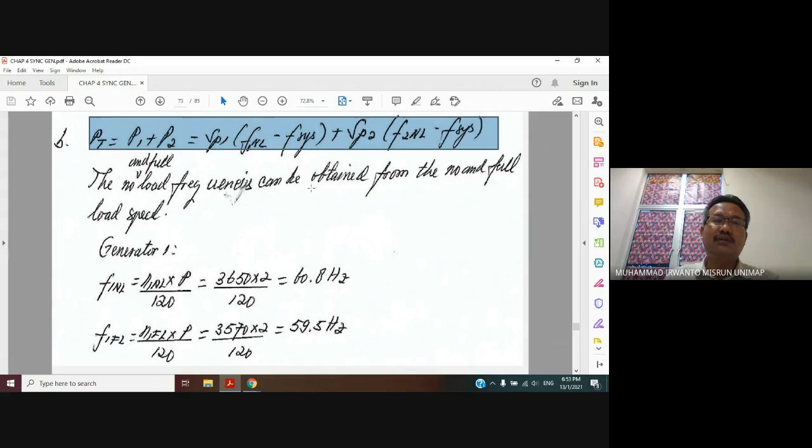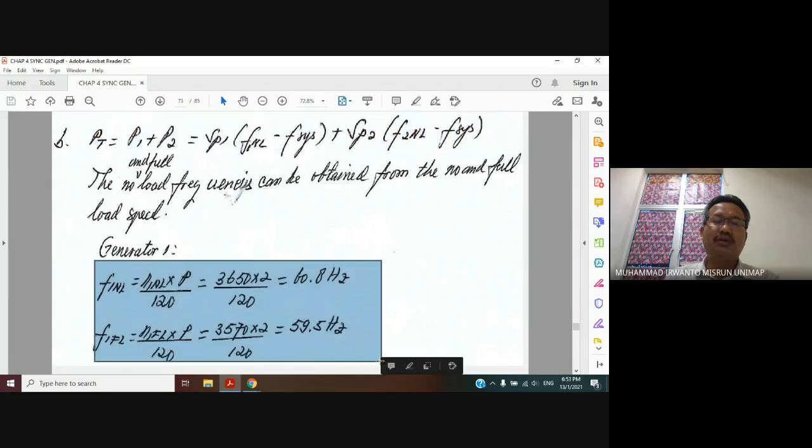Meaning we have to find the no load frequency for generator 1 and also generator 2. Based on the table, the no load speed and full load speed are given. So the no load frequency for generator 1 can be found using the general formulation: N is equal to 120 multiplied by frequency divided by P. So frequency is equal to speed multiplied by number of poles divided by 120.